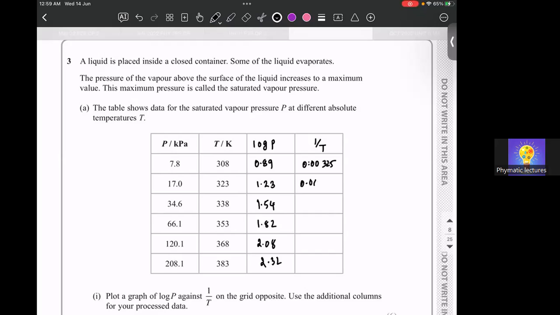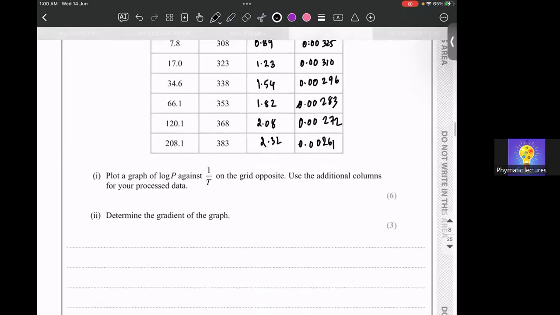Then 0.00310, 0.00296, 0.00283, 0.00272, 0.00261.